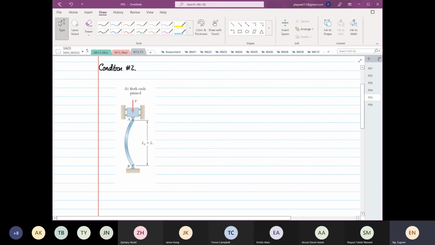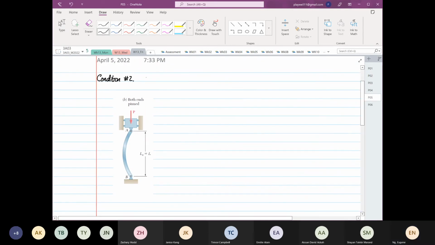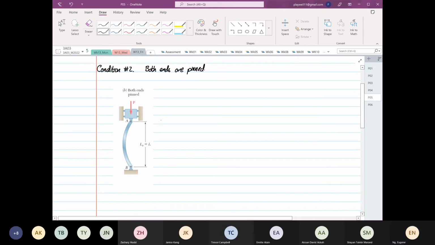Condition number 2 is both ends are pinned. Okay. So if this is my y-axis, and this is our x-axis, right? We know that when x is equal to 0, y is also equal to 0. When x is equal to L, y is equal to what? 0. Okay.